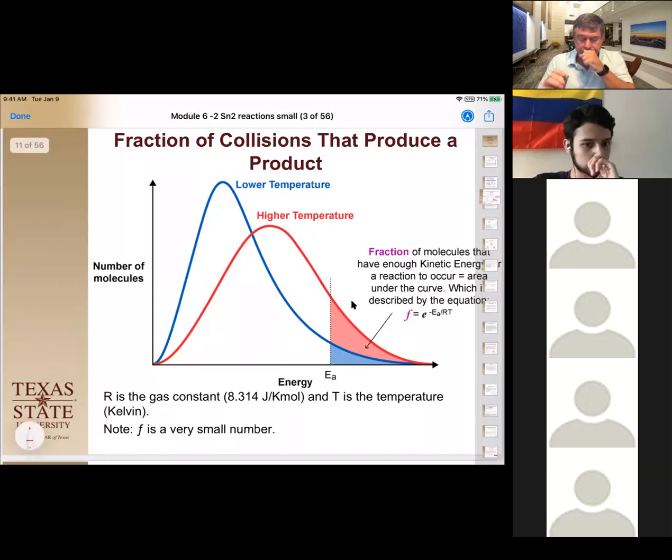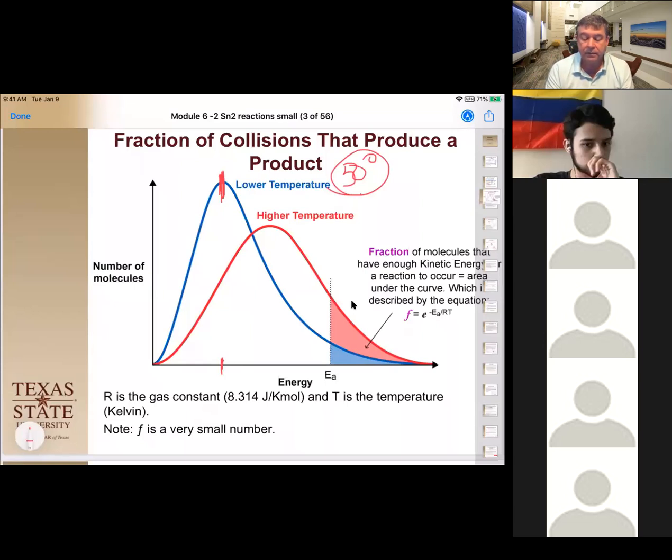So in that diagram, we saw that at this lower temperature, let's call this 50 degrees C, the average energy of the molecules in there is somewhere about here. Remember, our total energy is related to 50 degrees C, which means all of that energy is distributed over this entire range, but the average is somewhere below the activation energy.